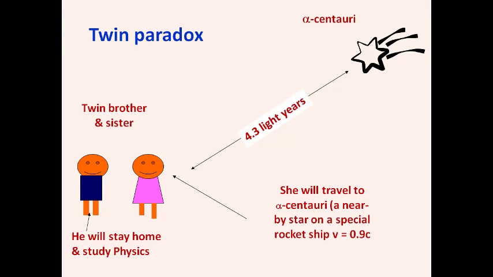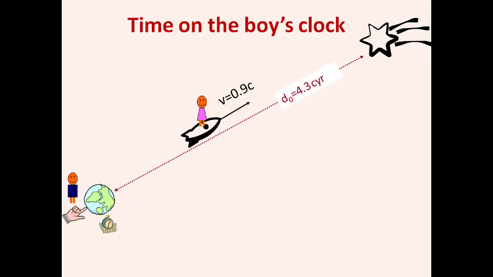The boy stays at home, whereas the girl, our twin sister, starts going to Alpha Centauri. She takes a space rocket and starts moving.